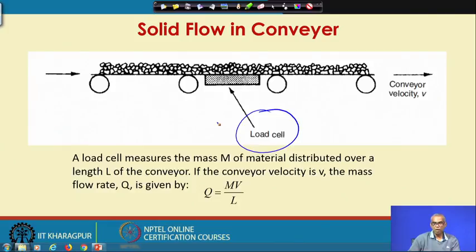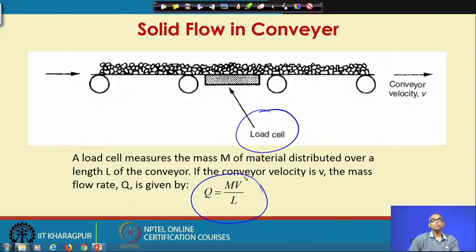If m is the mass of the material distributed over a length L of the conveyor and the conveyor velocity is v, the mass flow rate can be expressed as m into v by L, where m is the mass, v is the velocity and L is the length over which the mass m is distributed. So, this is how you can measure the mass flow rate for solid flow in conveyor.